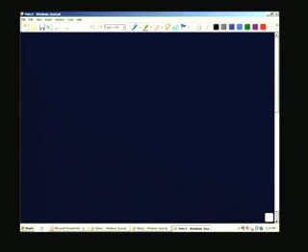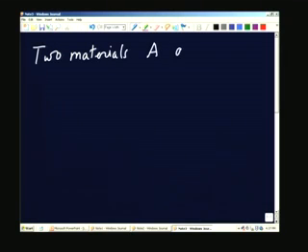Let me consider two materials A and B. They may be either metal or alloys, but they have to be two different materials.